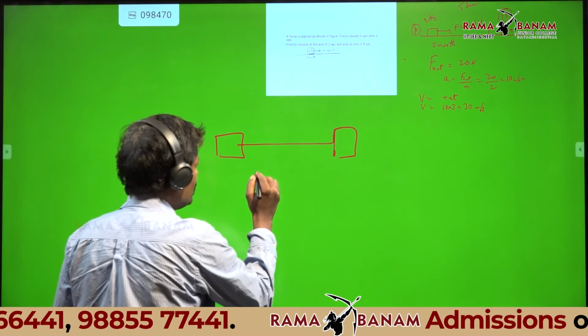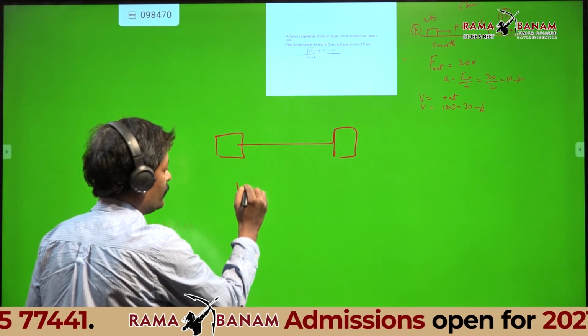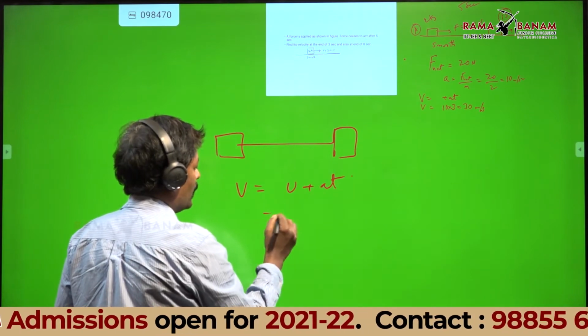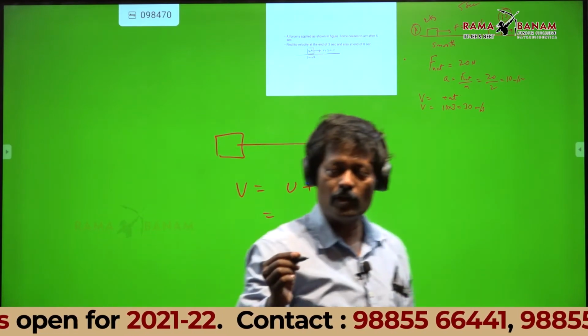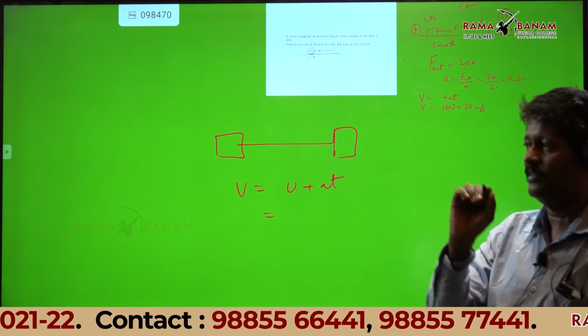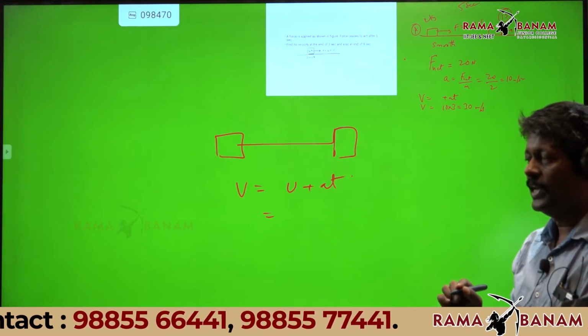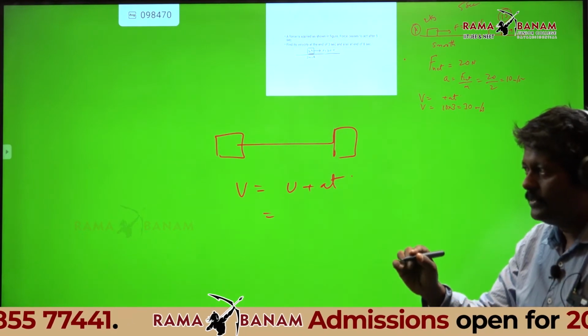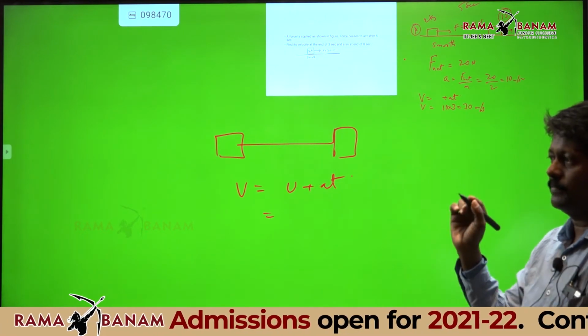So v equals u plus at. I have to find out what velocity it will gain at the end of 5 seconds. I have to find out the velocity acquired at the end of 5 seconds.